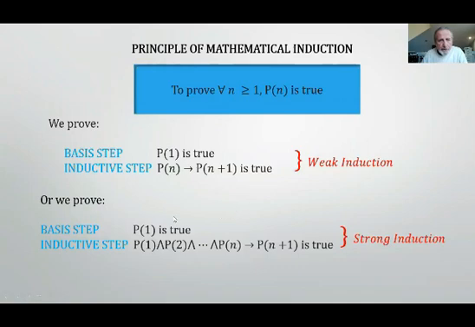In strong induction, you prove P1 is true, and then you prove P1 and P2 up to Pn all imply Pn plus 1 is true. Those are really equivalent, but sometimes your knowledge at n does not help you to prove Pn plus 1. You have to go back before that and pick some between P1 and Pn, two of them or more, to prove that all of this implies Pn plus 1. Then you can prove Pn plus 1 is true.